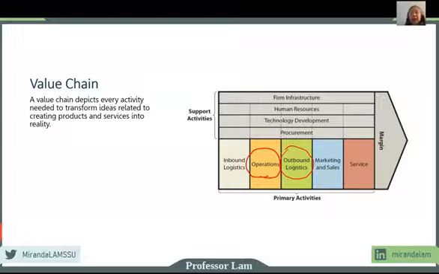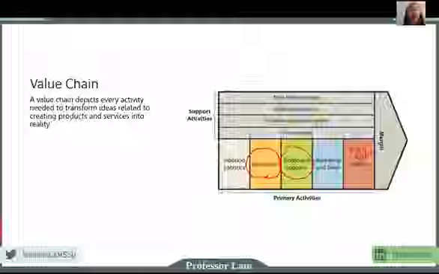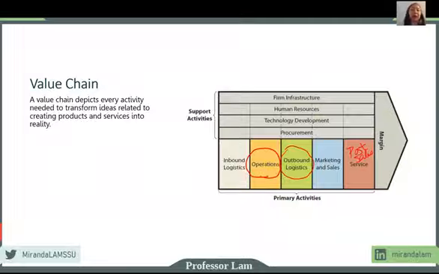And then there is also sales and marketing, and then also post sales. This is after you have sold the product to the customer, and you may still have sales and support. So these are the post sales services. And a firm could decide to emphasize one or more elements of the value chain.